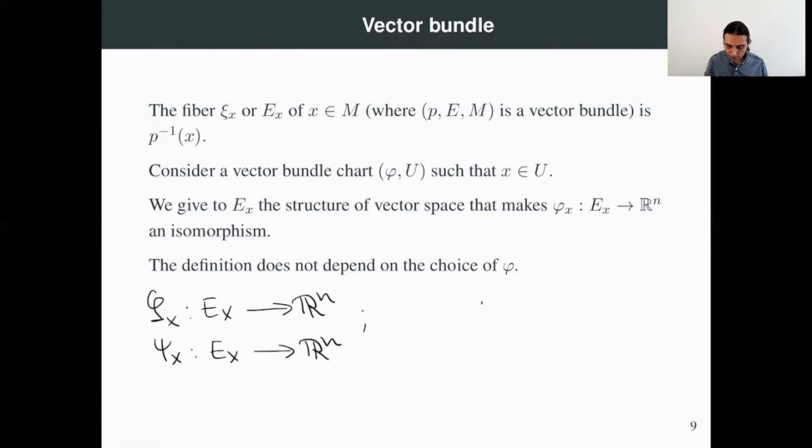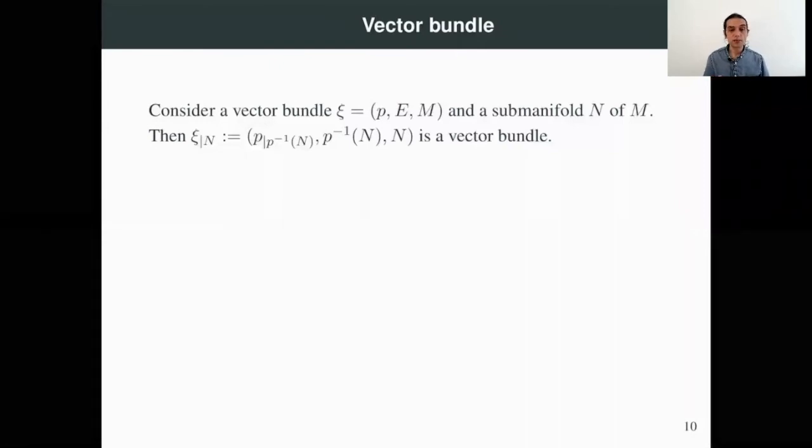Because we know that the inverse of psi_x composed with phi_x, by the definition of a vector bundle, is indeed a linear isomorphism, is an element of the linear group. And so phi_x is an isomorphism if and only if psi_x is an isomorphism. And in this way, we have defined a unique structure of vector space on the fiber of every point that is independent of the choice of vector bundle charts.